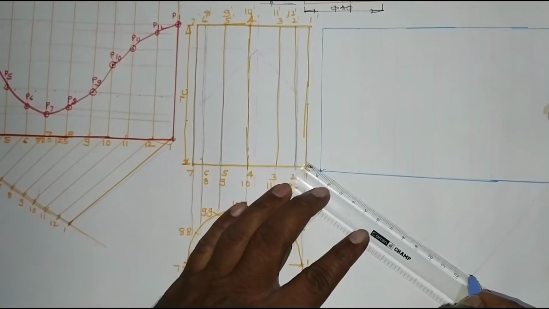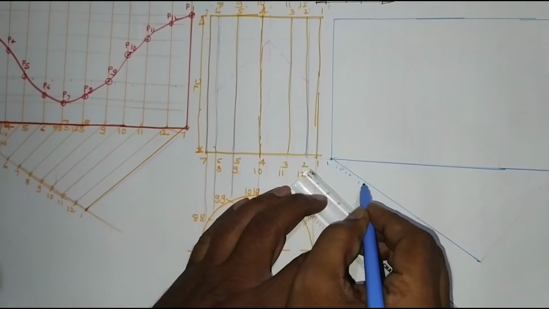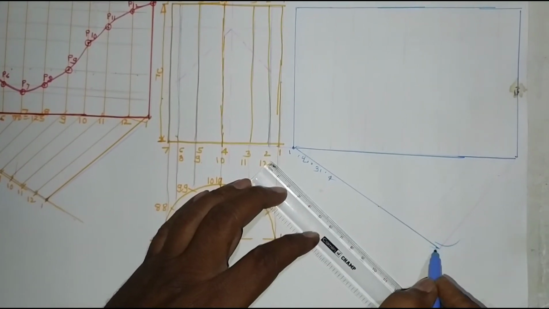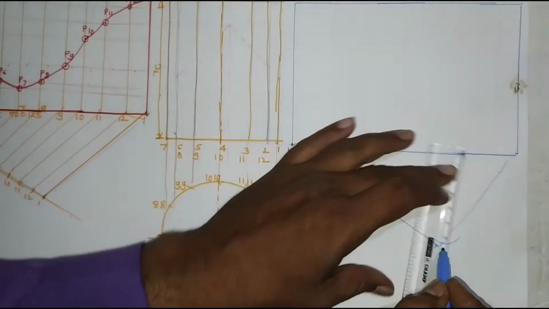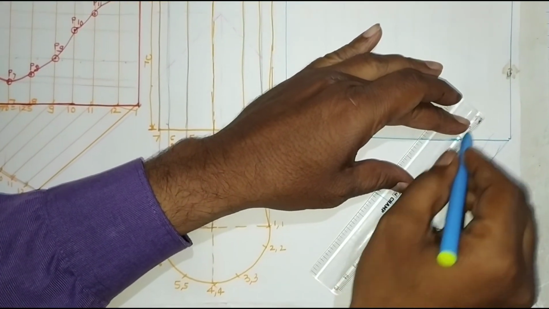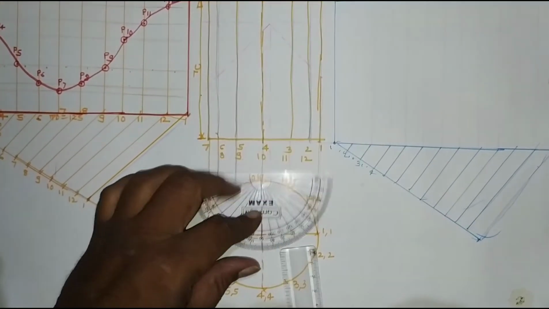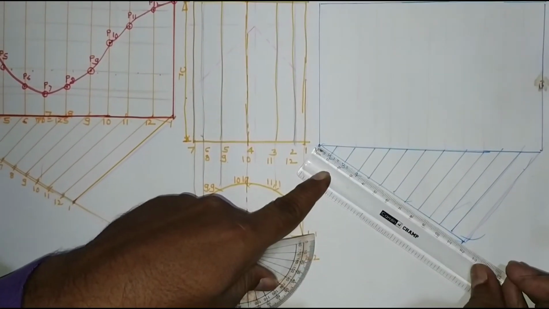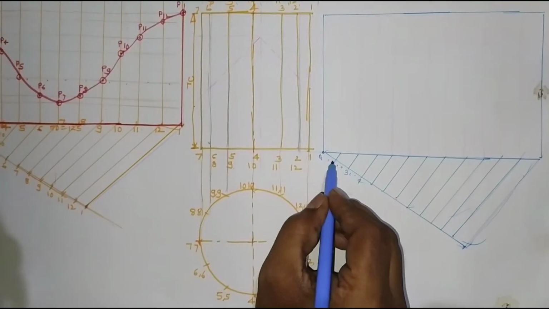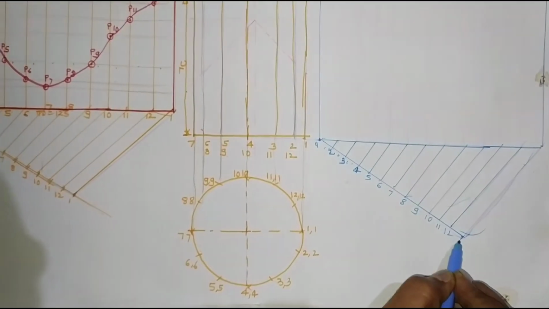Again I have marked 30 degrees here. At 10 mm distance, 12 points: 1, 2, 3, 4, 5, 6 and so on. Again I have transferred these points here. Maintain the parallelism here. At 30 degrees I have drawn the line. I have taken 10 mm distance, 12 parts, 120 mm, and named them 1, 2, 3 up to 12 and 1.